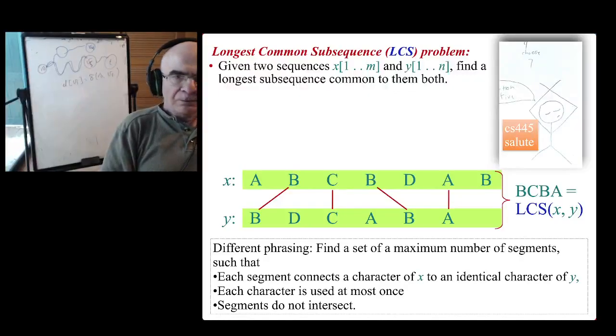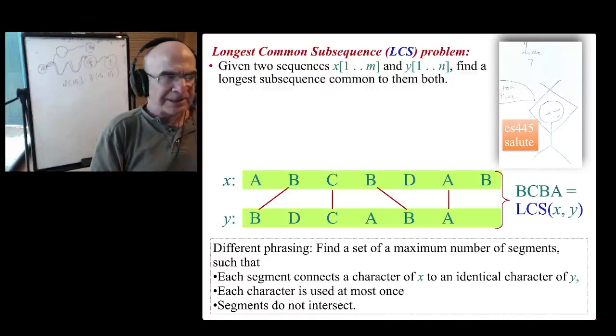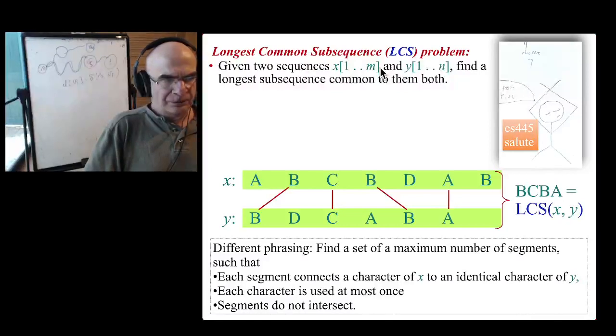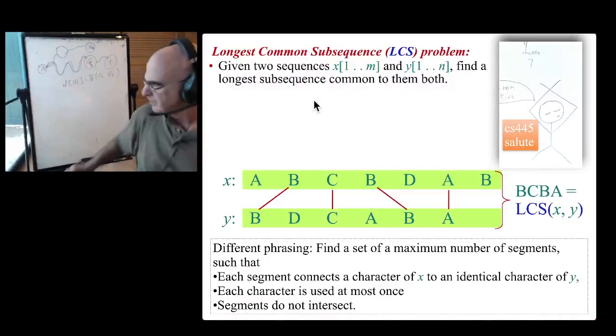Okay, now I can define what is the longest common subsequence. This definition is, by the way, taken from the textbook, the CLRS. So the longest common subsequence, LCS, problem is the following. I told you about one string x1..m, one long string of m characters, and another string y, containing n characters, and I can define a lot of subsequences between them, right?